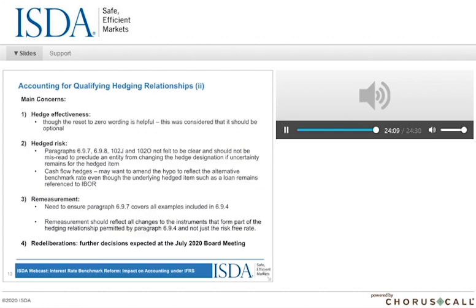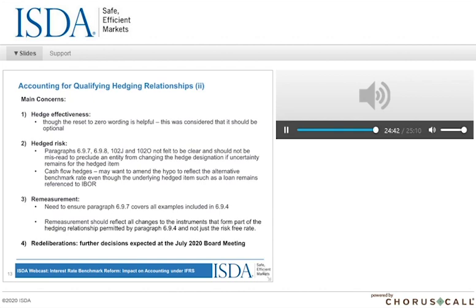Slide 13 outlines some of the key concerns raised in the comment letters around the ED's proposals for accounting for qualifying hedges. With regards to resetting the effectiveness testing to zero as and when the hedging relationship is updated, it was felt that this should be optional rather than mandatory, as in certain cases and under certain market conditions, starting the retrospective effectiveness testing again could lead to a hedge that has been highly effective historically being ineffective on restart.